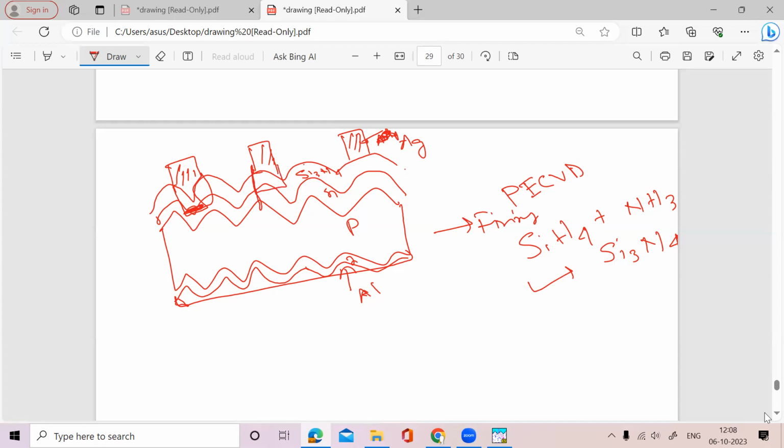In the back side, what will happen? Aluminum is treated as a p-type dopant.